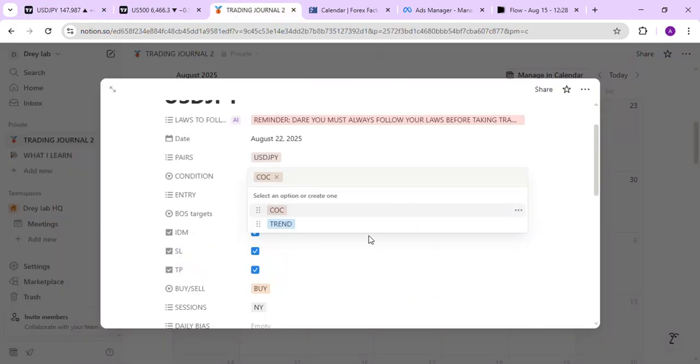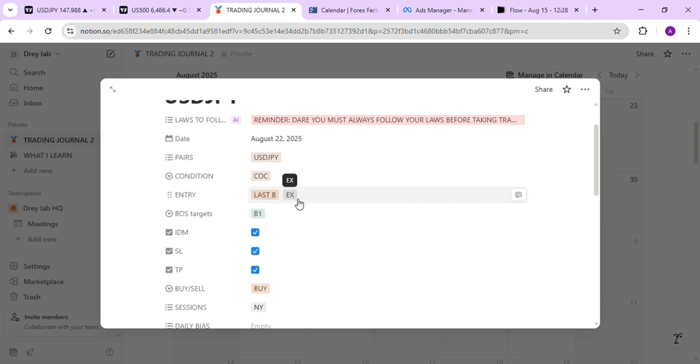So if we go back there, you see I put change of character here. Then you can see my entry is extreme. It means it's going to be my extreme order block. This last one is another extra layer of confirmation for me. I haven't taught this in any of my videos.